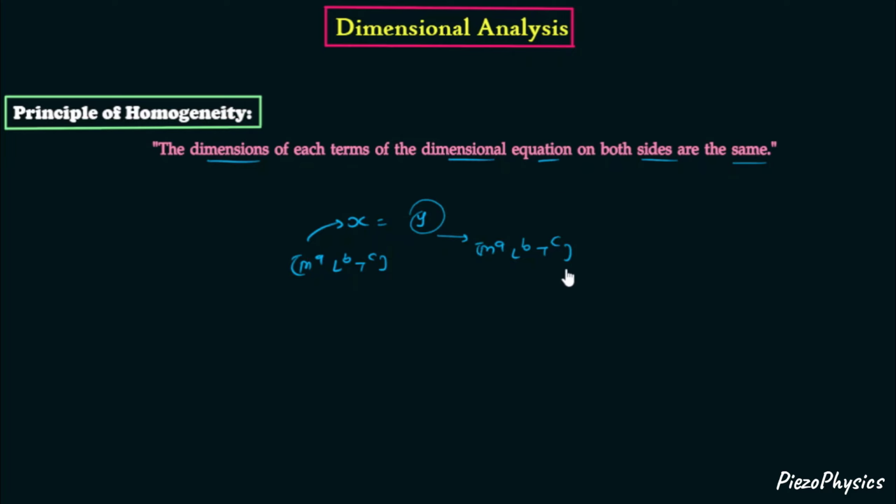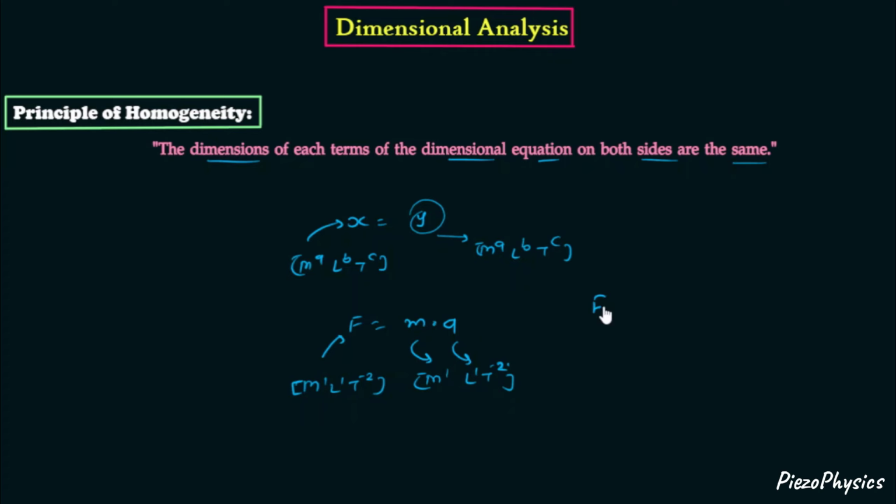This is the principle of homogeneity. It means force should be equal to mass into acceleration. Here we have the dimension of force as M^1 L^1 T^-2, and the dimension of mass as M^1 and the dimension of acceleration as L^1 T^-2.